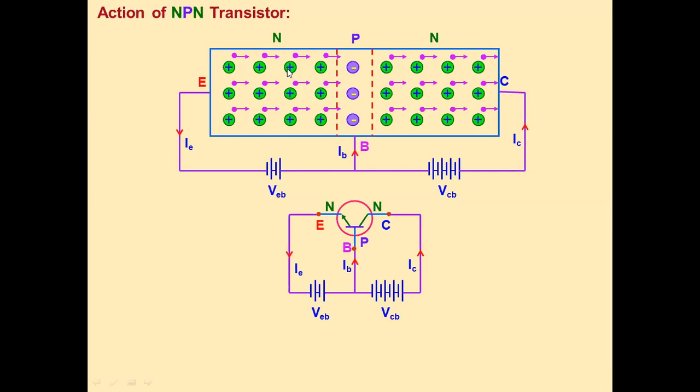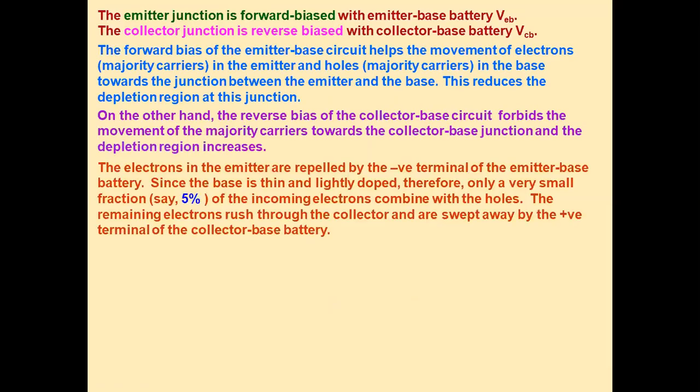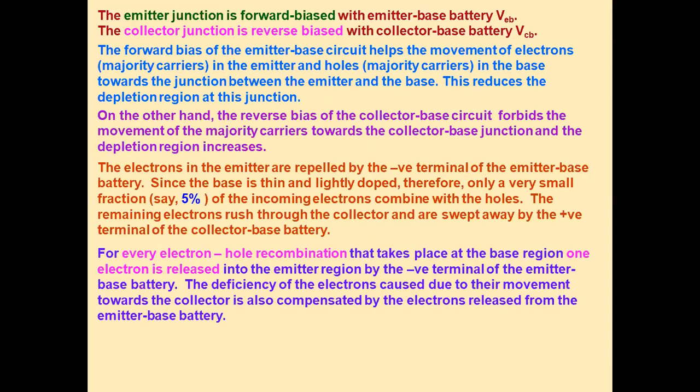Means there is a motion of electrons from emitter to base and base to collector, and the direction of current is from collector to emitter. Due to this motion of electrons, current is flowing in each region, and these currents are IE, IB, and IC.